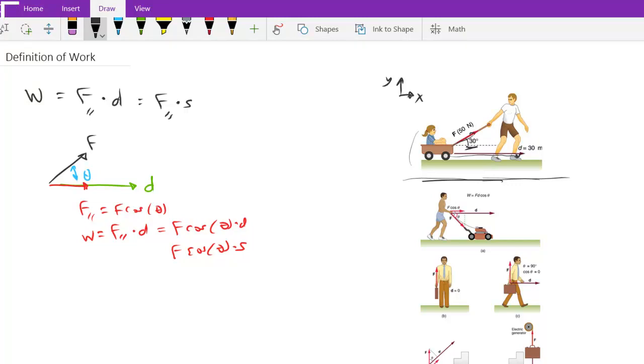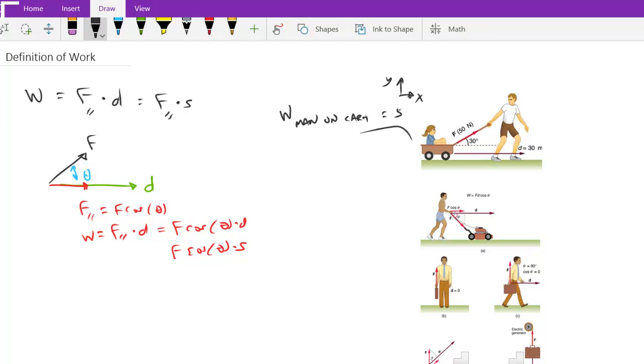So we have a positive force going up and to the right. The parallel component is positive. So we have the work done by the man on the cart. We'll say work done by man on the cart is equal to the parallel component of the force.